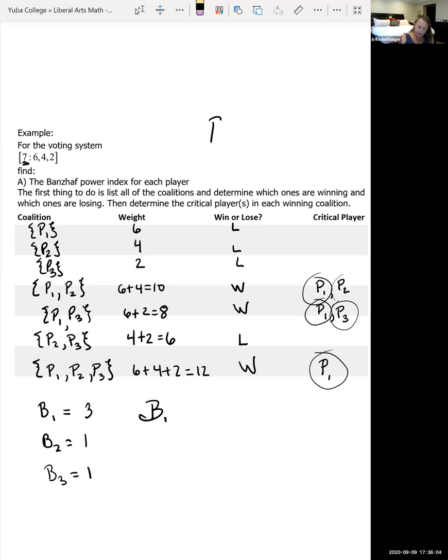As a reminder, B sub i is equal to the number of times they were a critical player over T, where T is the total number of critical players from all winning coalitions.